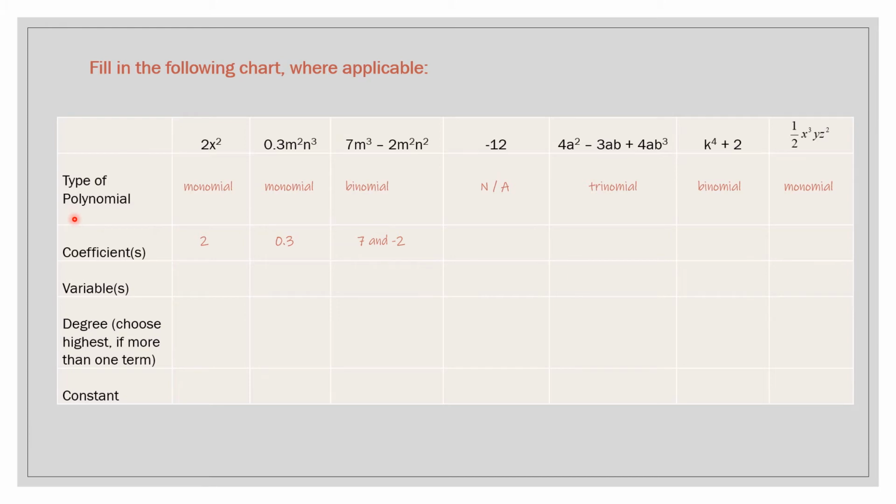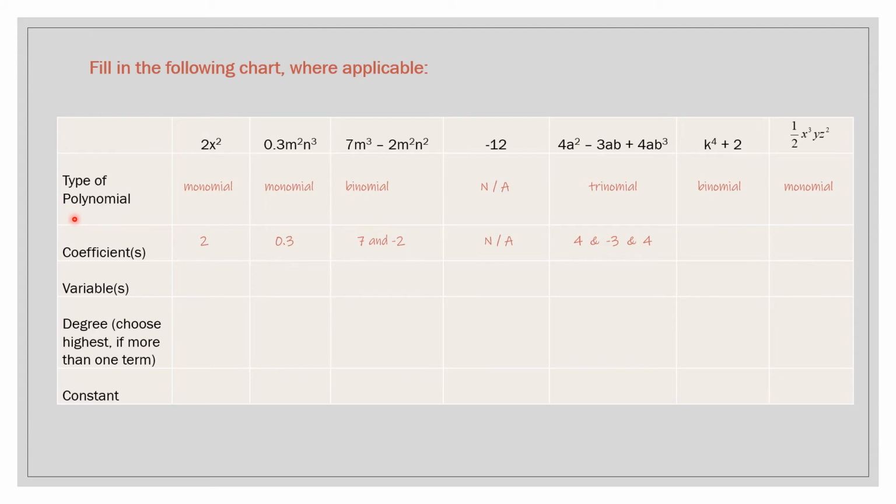Okay. Next one, again, kind of tricky. It doesn't have a coefficient because there's no variable. If it were negative 12x, then the negative 12 would be a coefficient, but there's no coefficient here because it's not a monomial term. Next one has 3 coefficients. I'm going to list the 4 twice because it's a coefficient for 2 different terms.